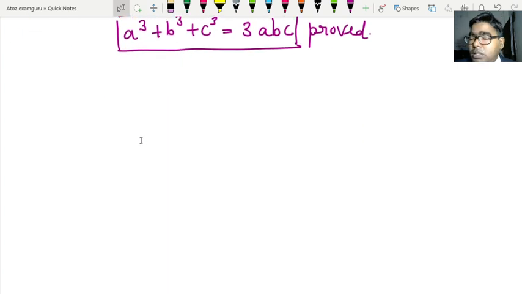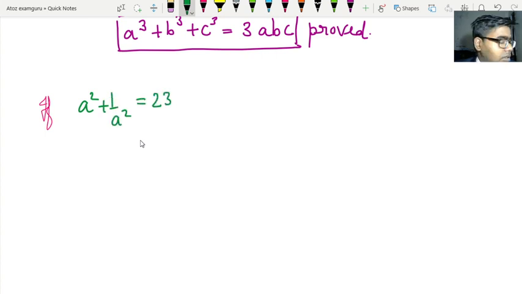And friends, try to solve one more question. The question is, if a square plus 1 by a square equals 23, then find the value of a cube plus 1 upon a cube.